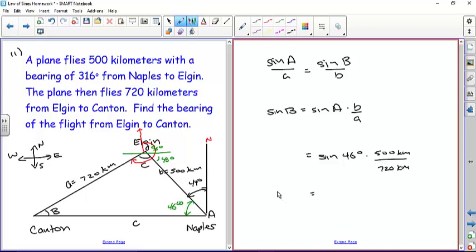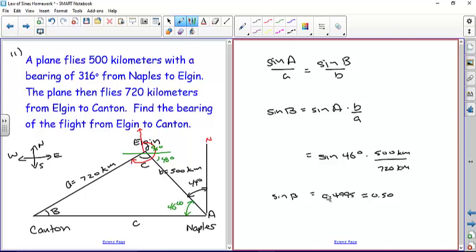So the sine of B is 0.4995. Now that's approximately equal to 0.5. So we should get an angle pretty close to 30 degrees, I think, for angle B. But we'll just take the inverse sine.